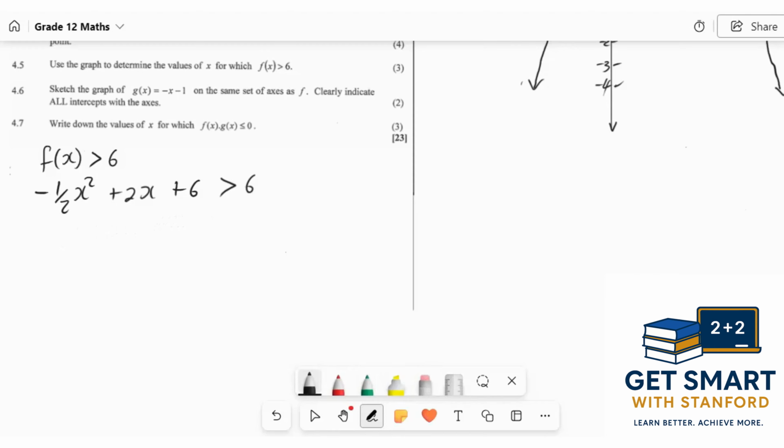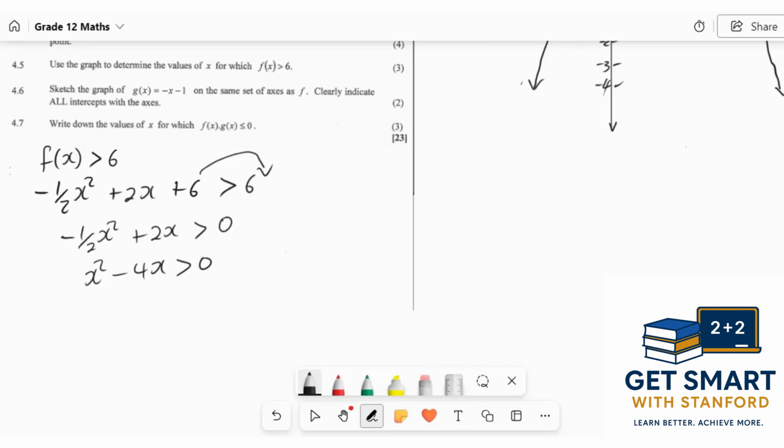So we have -1/2 x squared plus 2x is greater than 6, and when we transpose this 6 to the other side, it's -6, and 6 minus 6 is just 0. So that we can reduce the load of work, then multiply now by -2, we're going to have x squared minus 4x is greater than 0.